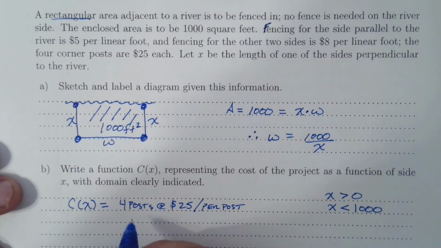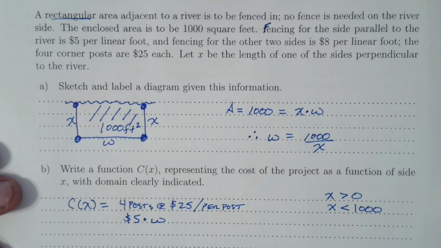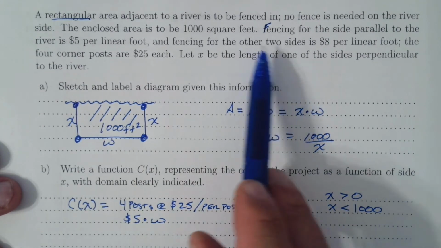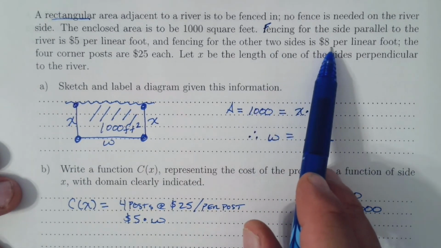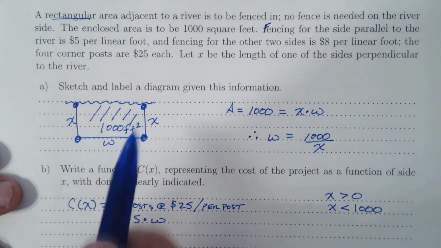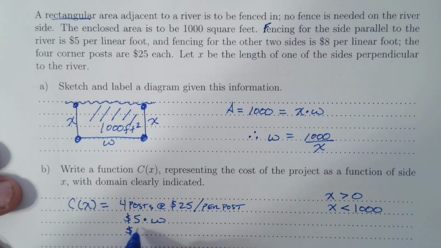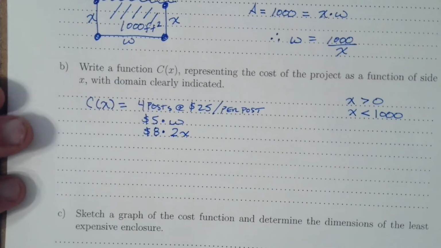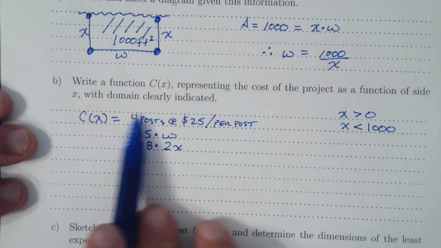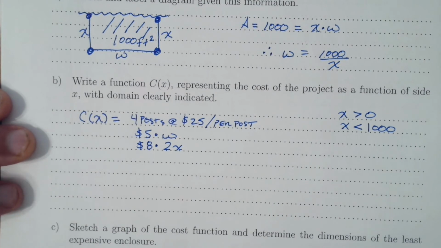So we're going to have, let's see, $5 times however long W is. And the other two sides is $8 per linear foot, right? And these are two sides of length x, so I'm going to have $8 times 2x, right? So that's going to be the parts that make up my cost, right?